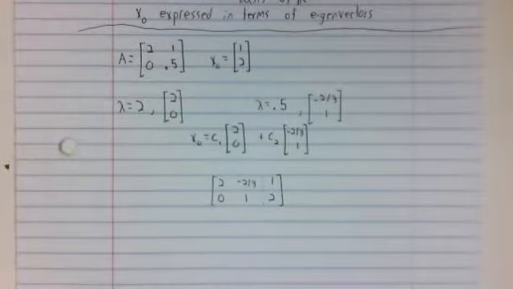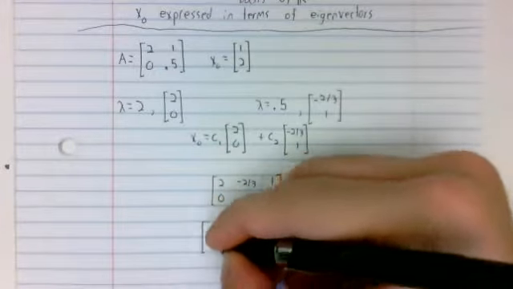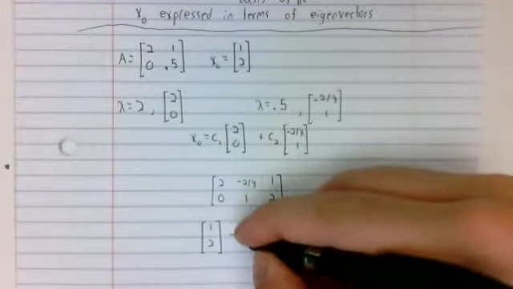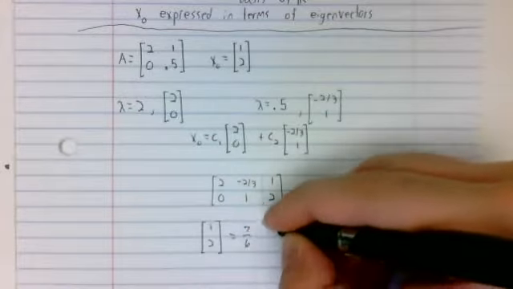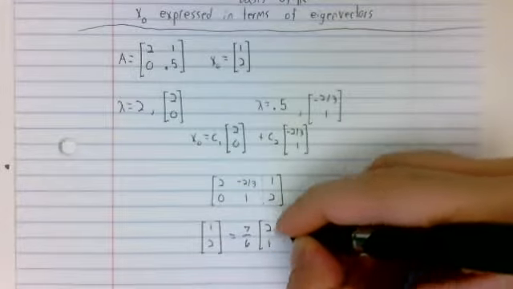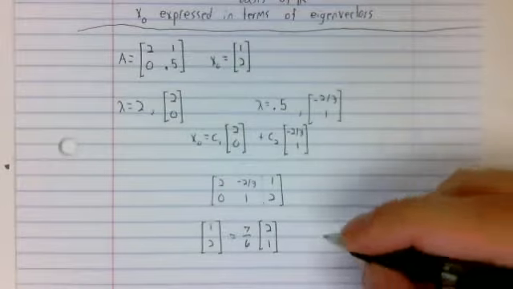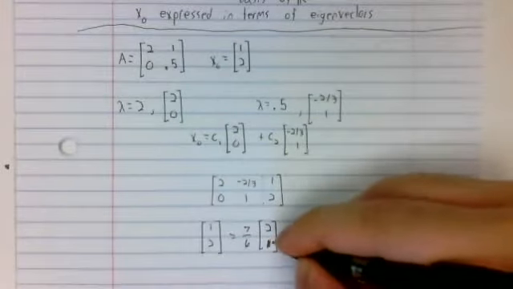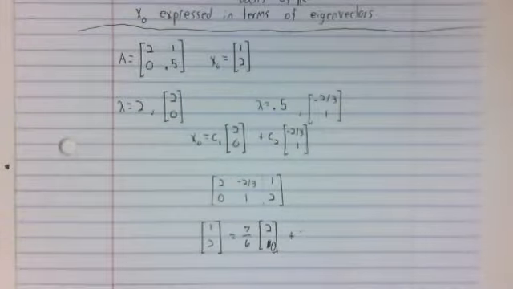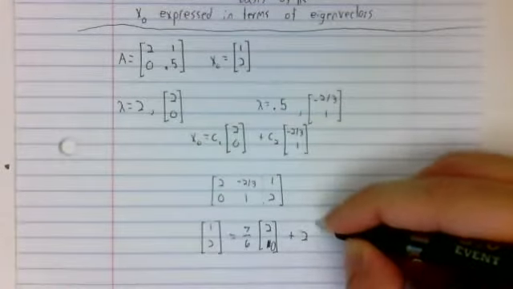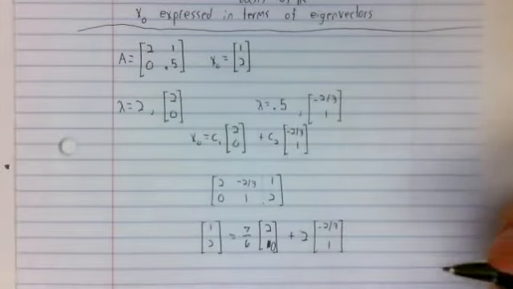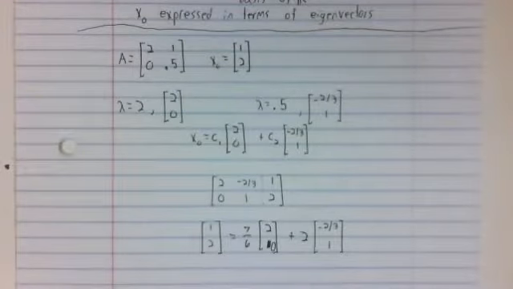And in this particular case, the vector 1, 2 is 7/6 times this first eigenvector, typo there, 7/6 times this first eigenvector plus 2 times this second eigenvector.